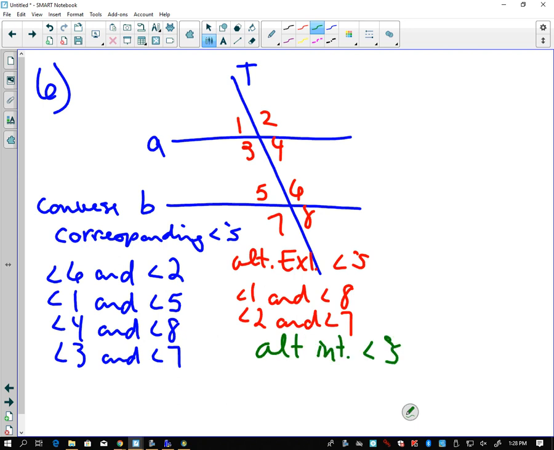What are my alternate interior angle pairs? Angle 4 and angle 5, angle 3 and angle 6. What about angle 2 and angle 8? Is that anything?